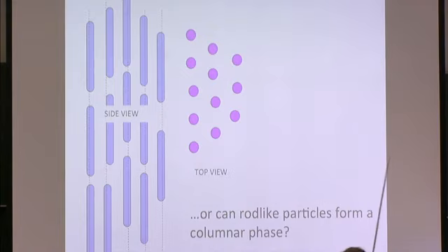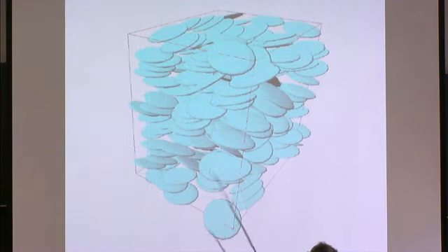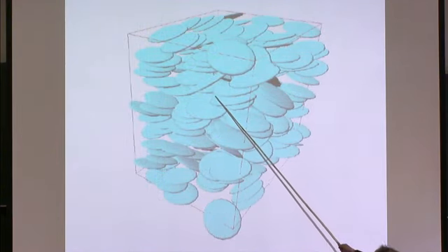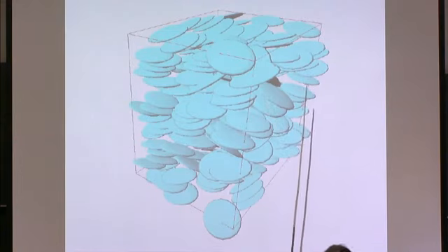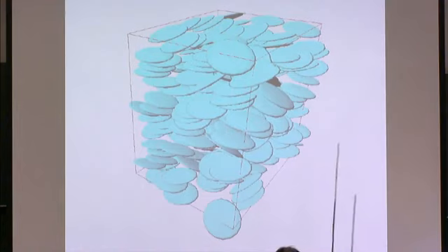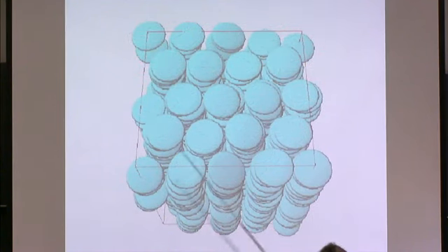Let me just show you, for those of you who don't think about the columnar phase every day, a few snapshots. Columnar phases usually are seen in the context of disk-like particles, although in a minute I'll discuss them in the context of rod-like particles. So this is a nematic phase of disk-like particles, and then if you go to a high enough density, this is what you get.